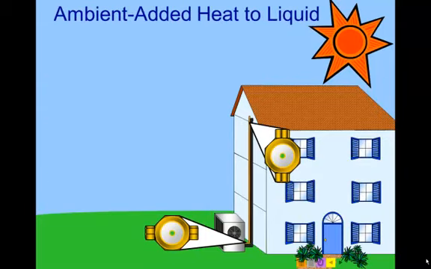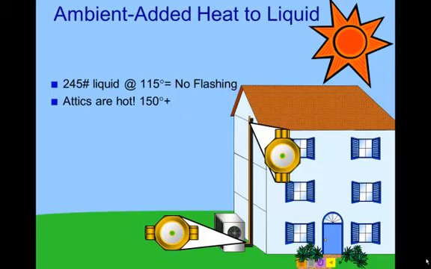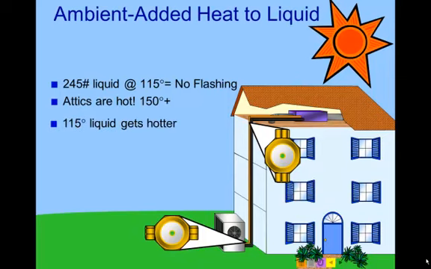Now, ambient added heat to the liquid. Now let's watch what happens here. We have 245 pounds liquid at 115 degrees. We said that. We just saw it. No flashing. But attics are hot. For example, it could be 115 degrees, 150 degrees or more in that attic. And there you see the liquid line going across the attic a short distance, and that will be impacting that liquid line.